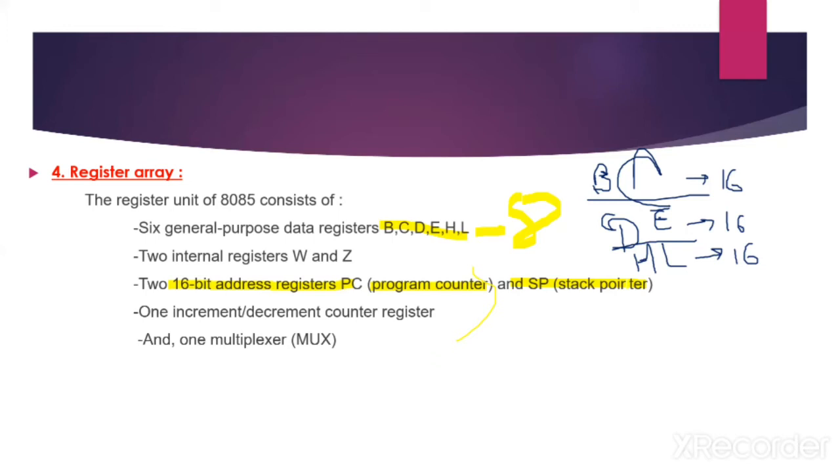With the help of the incrementer or decrementer, the stack pointer is changed each time data is pushed onto the stack or popped off the stack. Means when data is entered in the stack, the stack pointer is incremented by 1. If data is deleted from the stack, then the stack pointer is decremented by 1.